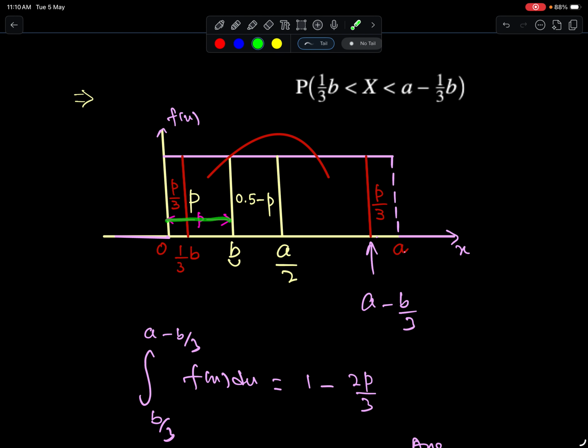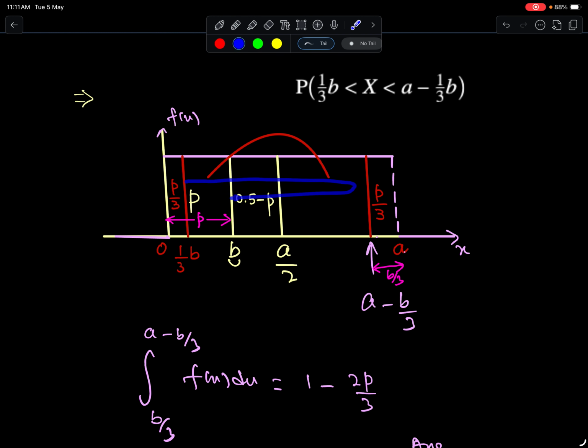So this total is p, so this should be p upon 3, p upon 3, p upon 3 makes p. Because of symmetry, this is also p upon 3. And this width is b upon 3. If I say this width is 2 units, then what should you write here? a minus 2, right? Since this width is b upon 3, write this number as a minus b upon 3.